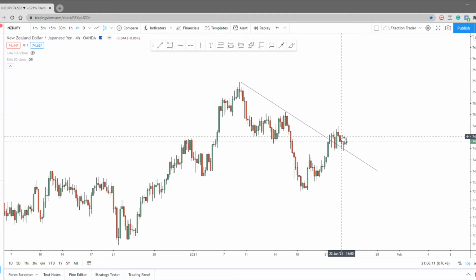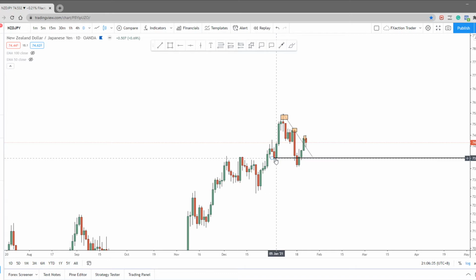So when we have a doubt like this, let us go to the daily chart to look for a better signal. On the daily chart, we can see that the market has actually broken out of this important key level, which is also one of the previous higher lows of the daily uptrend structure. So for me, I would go for a short signal instead of a buy signal.